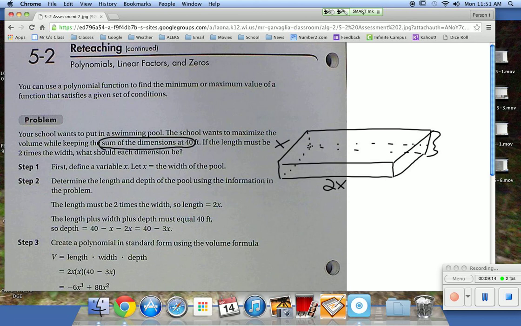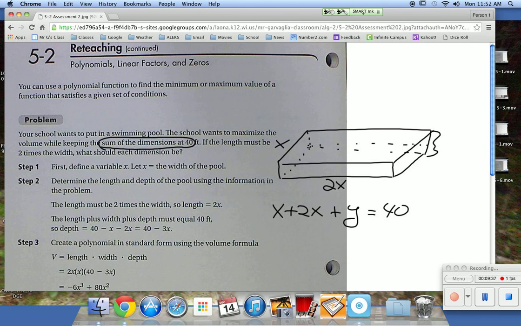Yes, but when you sum these up, when you go x plus 2x plus whatever this is, right? A sum would be x plus 2x, and then that would have to plus some number, let's just call it y, has to equal 40, right?